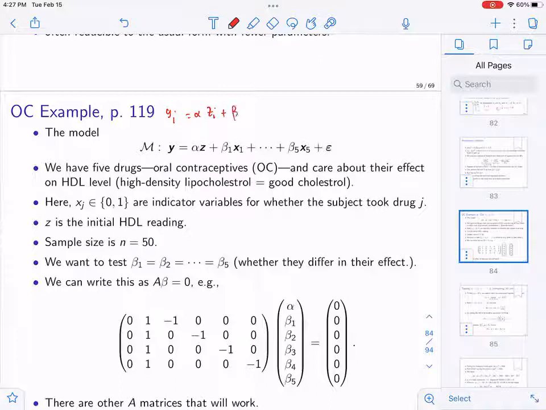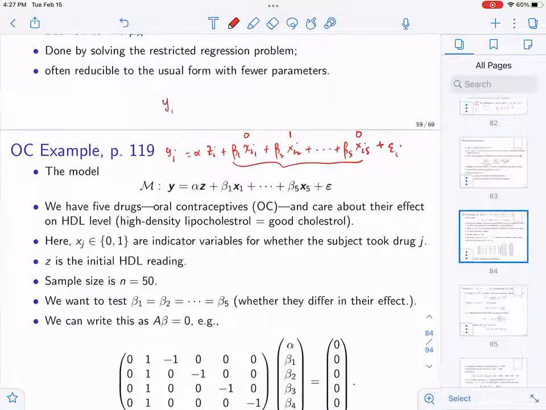So beta 1 xi1, beta 2 xi2, up to beta 5 xi5, plus epsilon i. Out of these, only one of the terms is there. Let's say if I took drug 2, this would be 1, the other ones would be 0. So my final cholesterol level is alpha zi plus beta 2, basically.